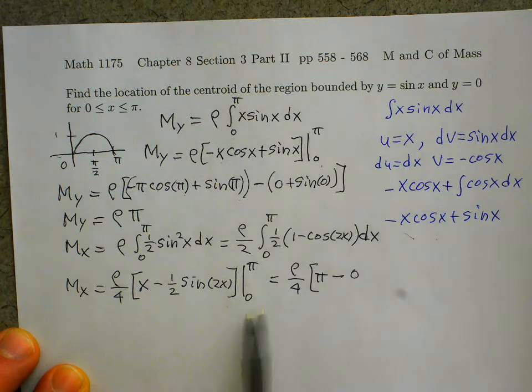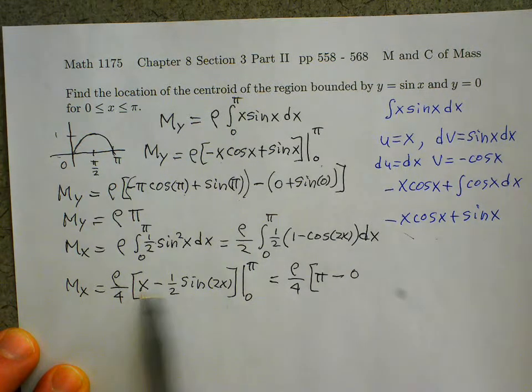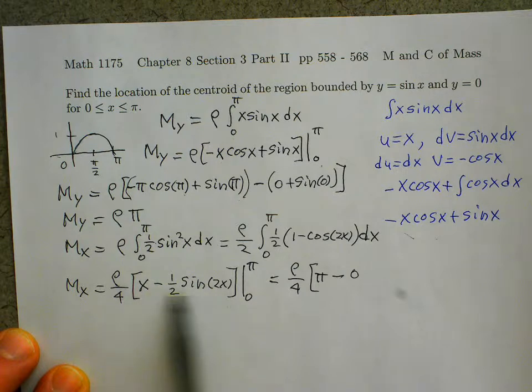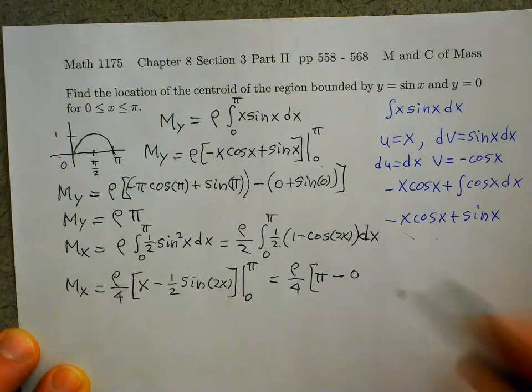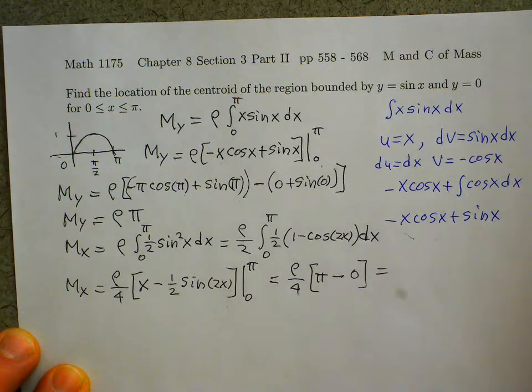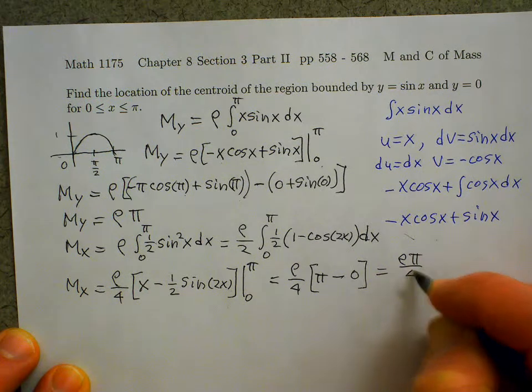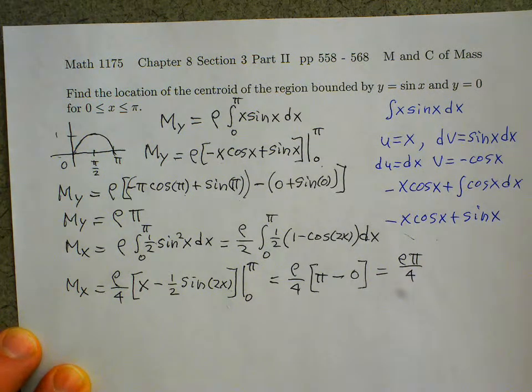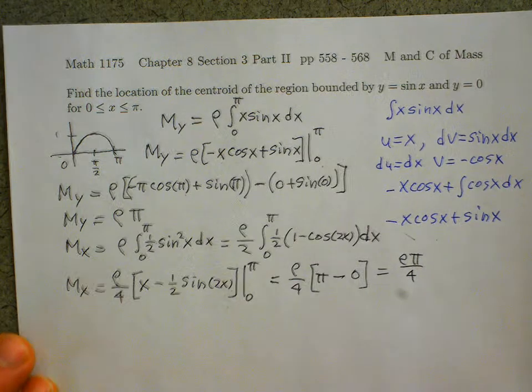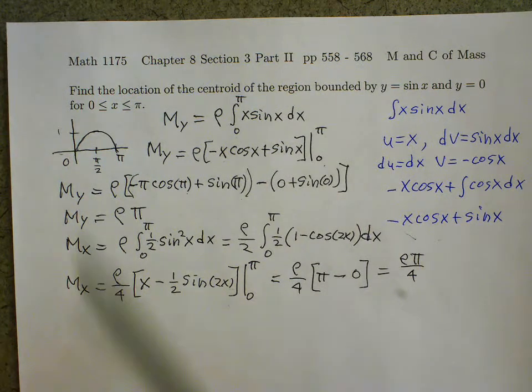And then when x is 0, we get another contribution of 0. So this is going to give us rho times pi over 4. Yeah, that is the moment of that region about the x-axis.